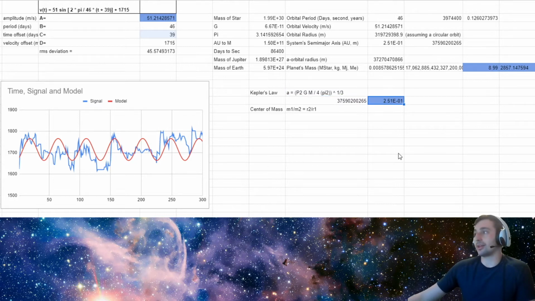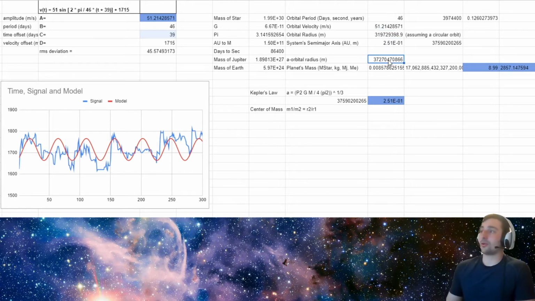So this is what it winds up being in astronomical units. But we're going to use the meter value because that's what we have our orbital radius in. And then what's the orbital radius for the planet? Well, it's just our system semi-major axis minus the orbital radius for the star.